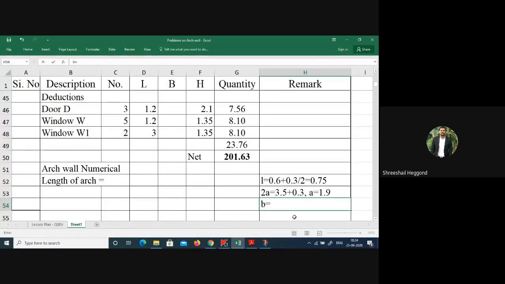B value can be calculated as B equal to square root of A square plus L square. You can calculate that value: 0.75 square plus 1.9 square.